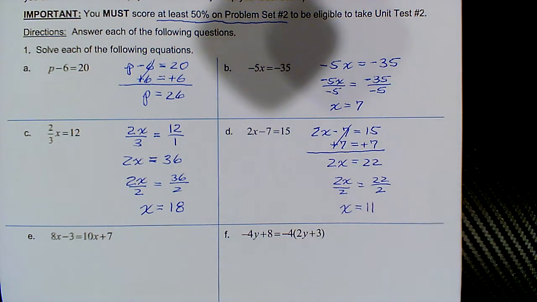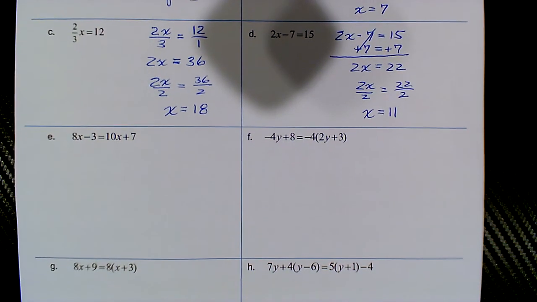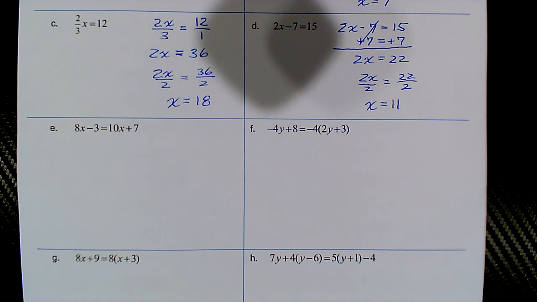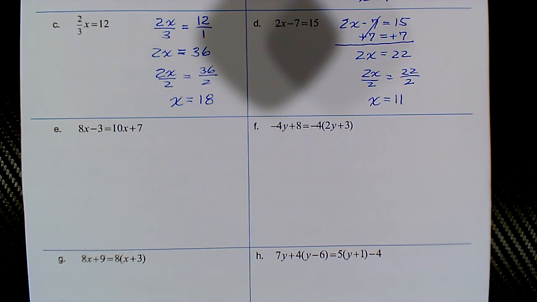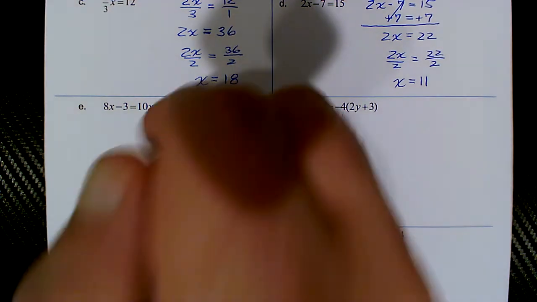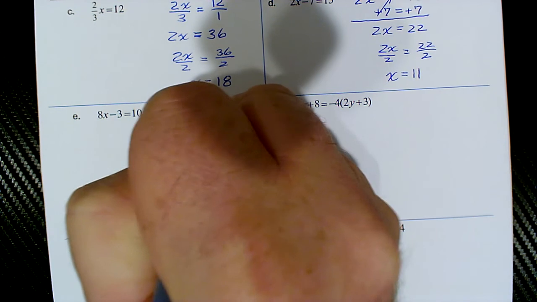Okay, and then we have when the variable is on both sides of the equation. And when the variable is on both sides, remember, it's your choice. You have to decide what side you'd like to bring the variable to. And I know that most people are comfortable bringing the variable to the left-hand side of the equation. But if you recall the guideline, and I'm going to use it here, I'm going to recopy this.